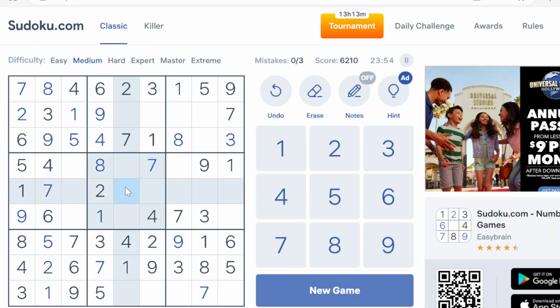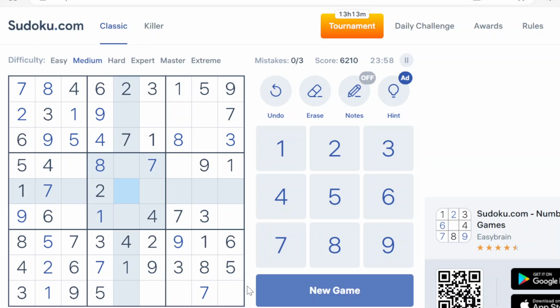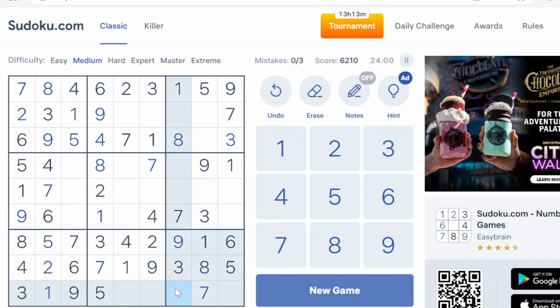Maybe let's see if we can finish this box. So for this one we need a 2 and a 4. So one of these is 2 and the other one is 4.